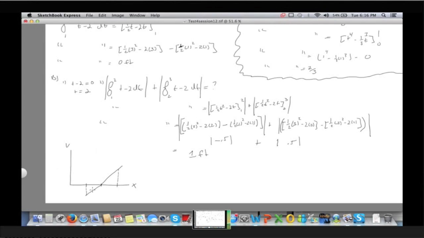It means that the area that's below the x-axis and the area that's above the x-axis are the same. That's right. Of course, you didn't quite draw it to scale, so they don't quite look exactly the same, but if we had drawn it to scale, those areas would be the same. So 0 feet looks like a correct answer for that.